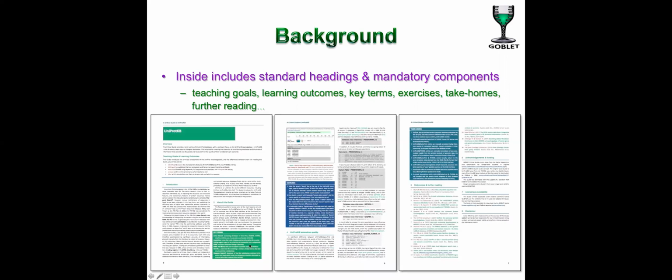Hopefully key terms always appear in the same position on a particular page. The first inside page talks about the teaching goals and learning outcomes. There are always take-homes at the end, exercises in the middle, further information in boxes, and so on.